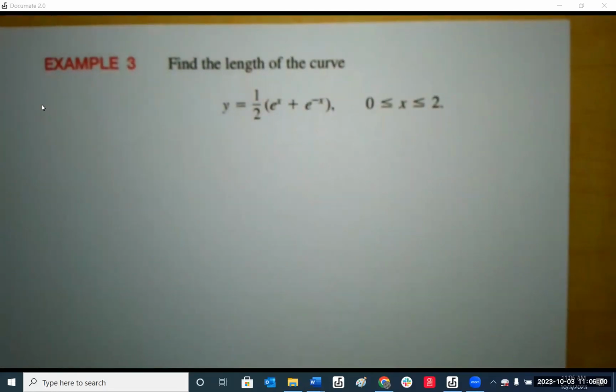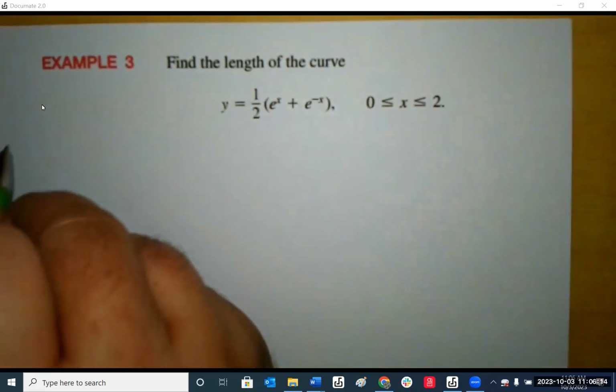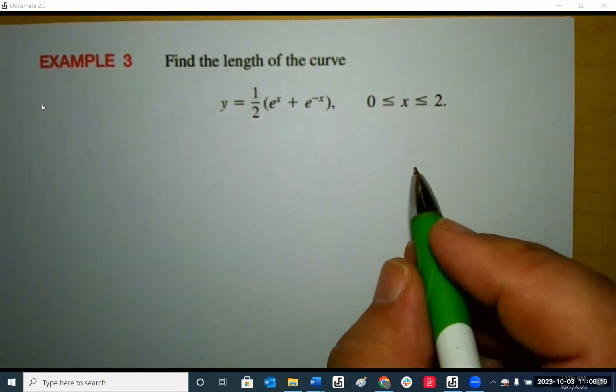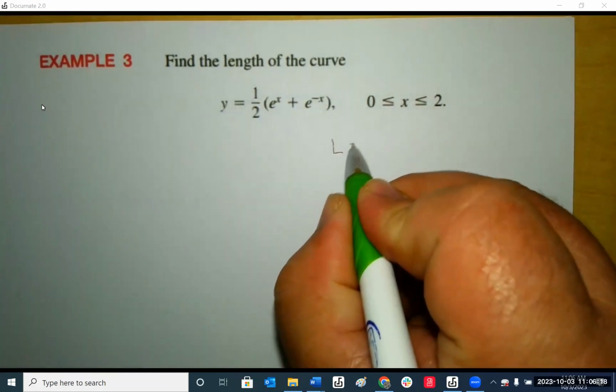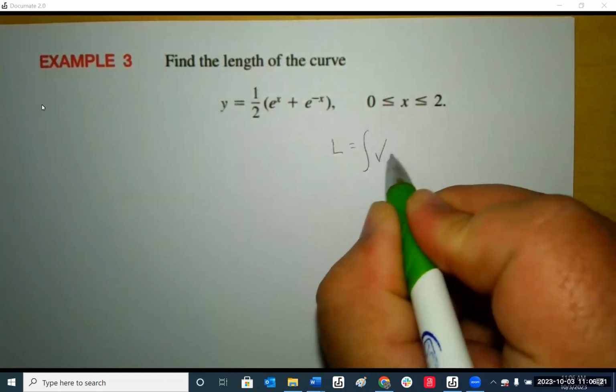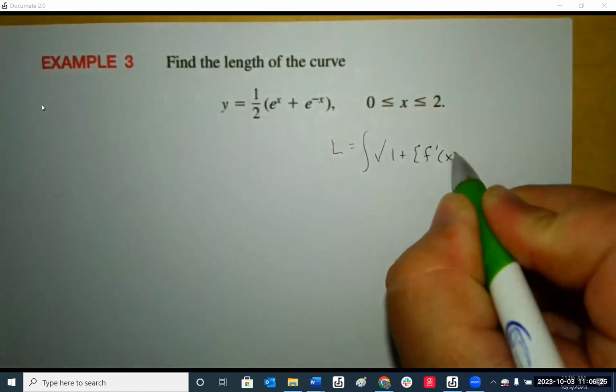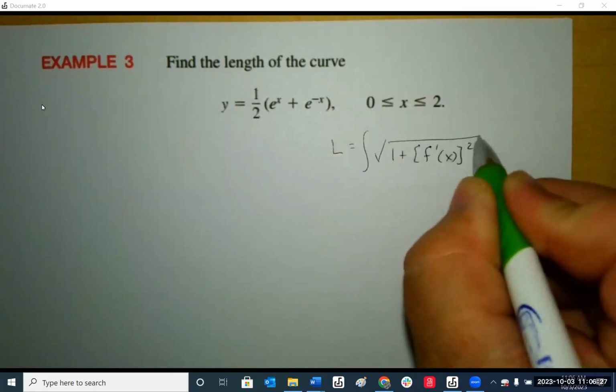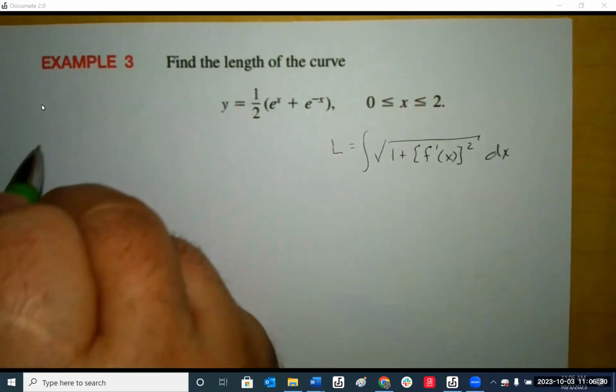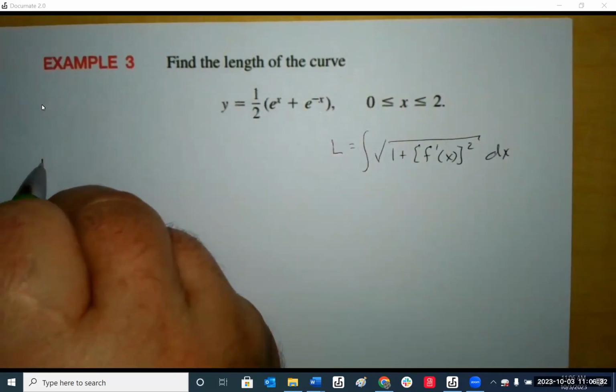Find the length of the curve y equals 1/2 (e to the x plus e to the negative x) from 0 to 2. Remember, we're trying to get to this. So we have to find the first derivative.